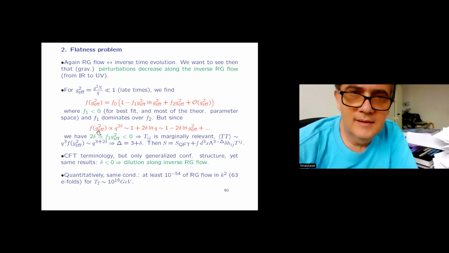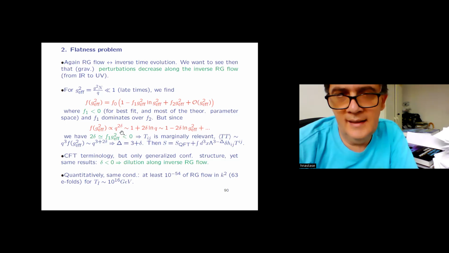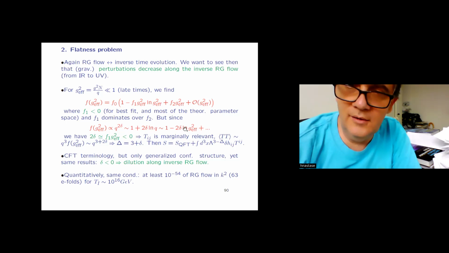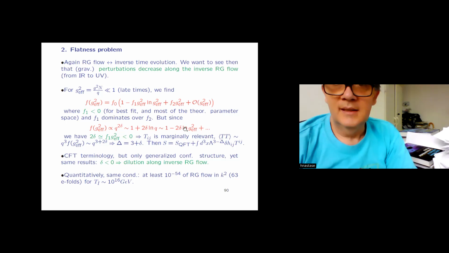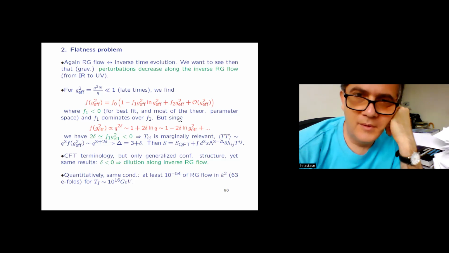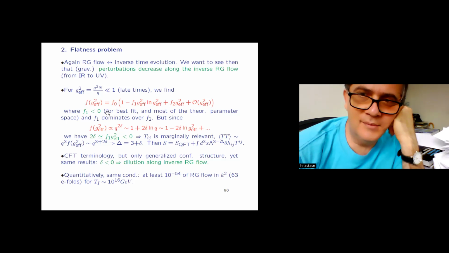Then we get the following. If I write this as q to some power, then expanding when the power is small, I get 1 plus 2 delta log q. But g squared effective is proportional to 1 over q, so this would be 1 minus 2 delta log g squared effective. Comparing the two, we see that f1 negative corresponds to delta negative.